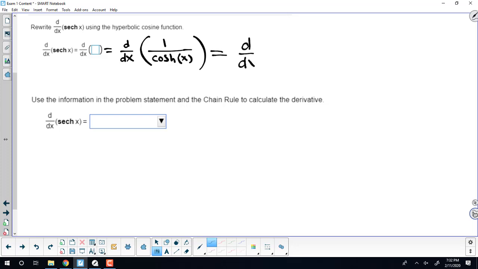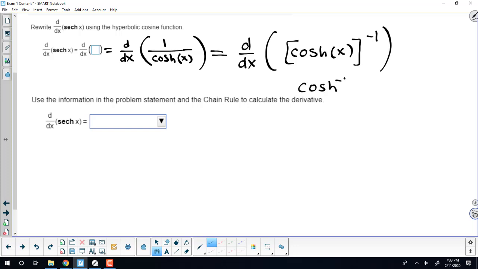So we're just going to rewrite that. Okay, so this is an inverse hyperbolic cosine. It's the reciprocal, so there is some room for confusion there. If it were the inverse hyperbolic cosine, the -1 would be here. This is the reciprocal though. So we're going to write it that way because it says use the chain rule.